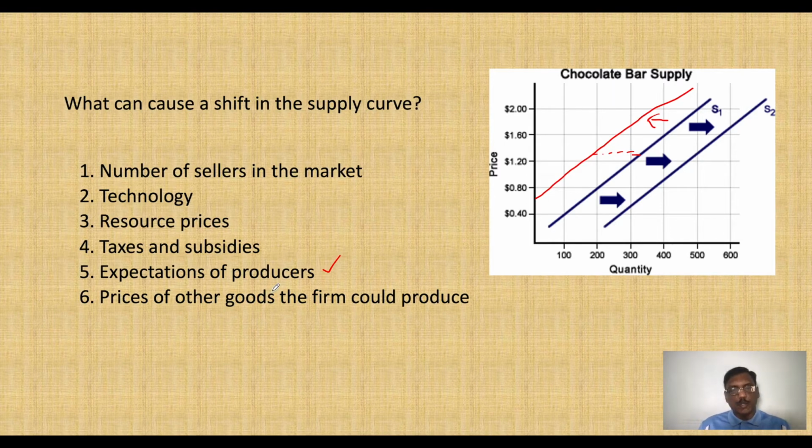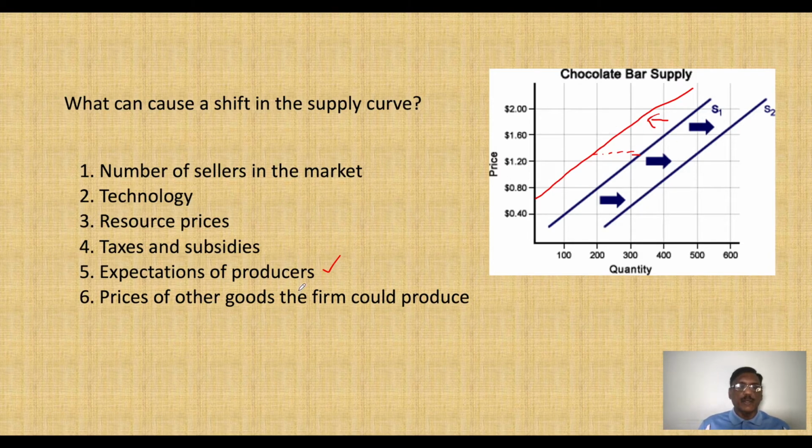Let's say we are talking about properties. They'll start building more properties today because they know they're going to fetch a very good price in the future. They start supplying more at current times. So expectations of producers are also important. But if they think the prices are going to be down in the future, they start supplying less right now. So this expectation of producers can cause a supply curve to shift left or right.